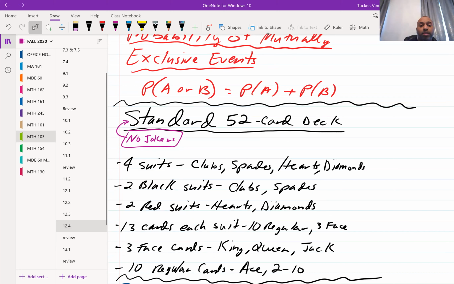You have 2 black suits, clubs and spades, and 2 red suits, hearts and diamonds. 13 cards each suit: 10 regular cards and 3 face cards. Your 3 face cards will be king, queen, and jack. And your 10 regular cards will be the ace, and then the numbers 2 through 10. So your ace is not a face card. Give you guys a chance to write that.